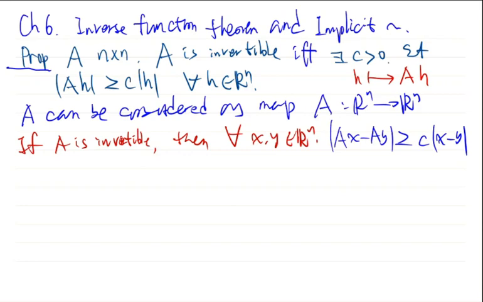This is quite easy because Ax minus Ay is precisely A(x minus y). Then we apply the proposition with H being x minus y. We obtain the result.